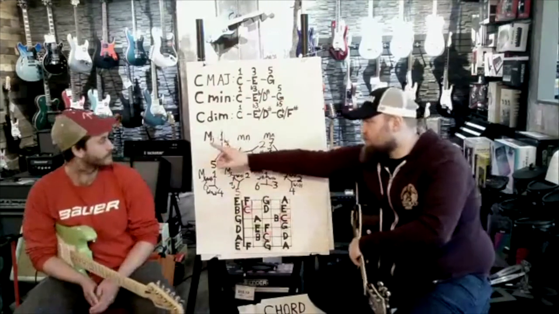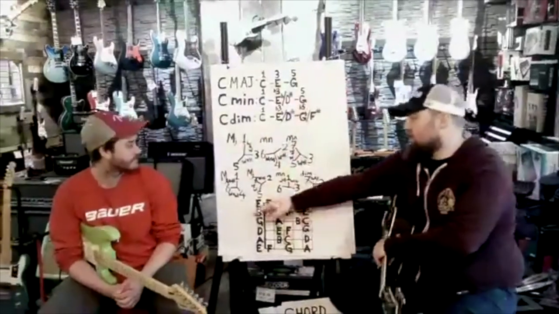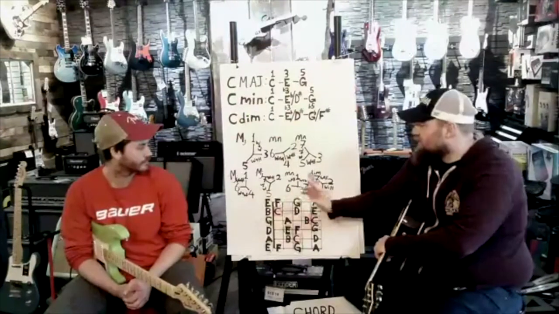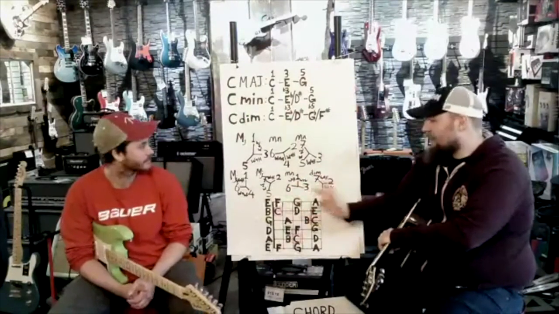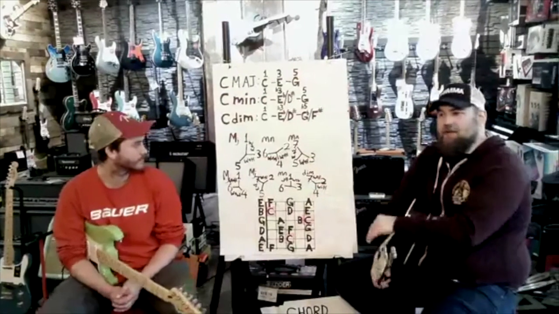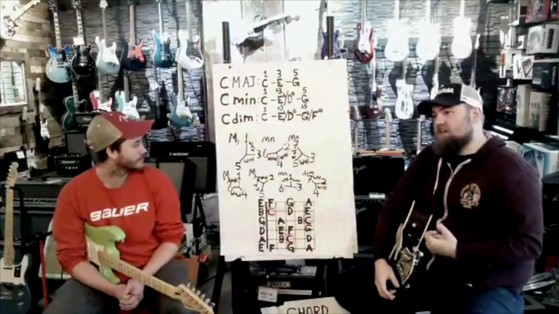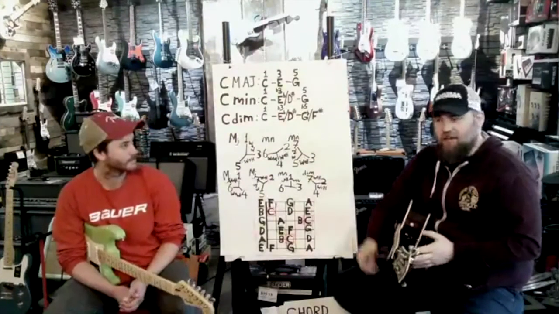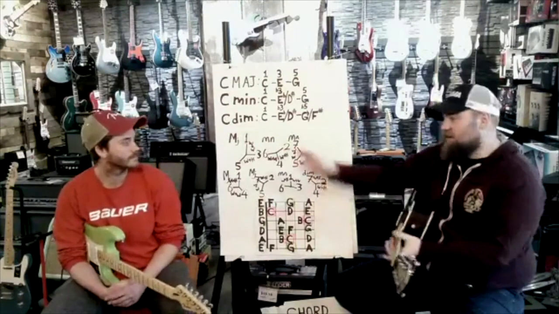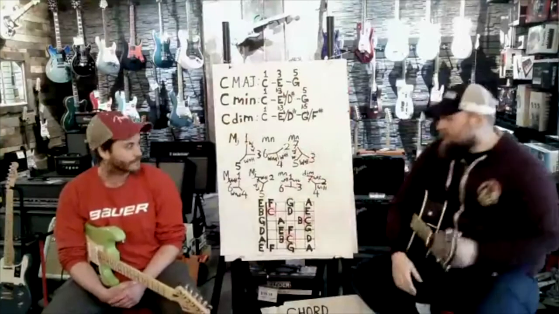So G major, A minor, B minor, C major, D major, E minor, F sharp diminished. It's the same thing. So you can plug any note in there and then get the series of major, minor, and diminished chords that you can play in that scale. Really easy. So if someone says the key of E, you just put E in there and you do the same thing, E, F, G, etc. Yeah.